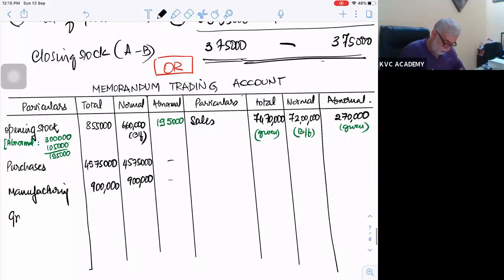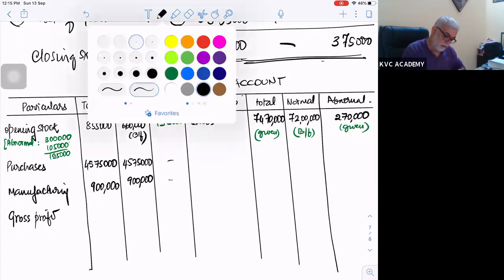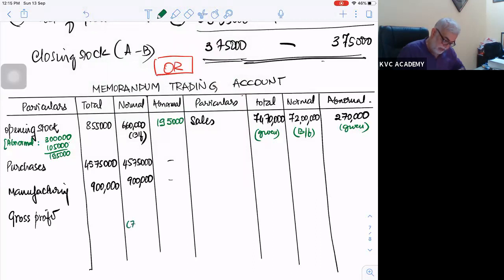Now, gross profit. For 72 lakh it will be at 20%.